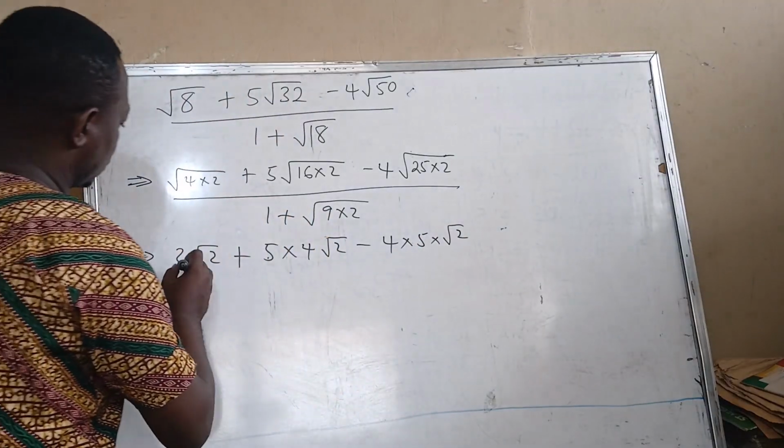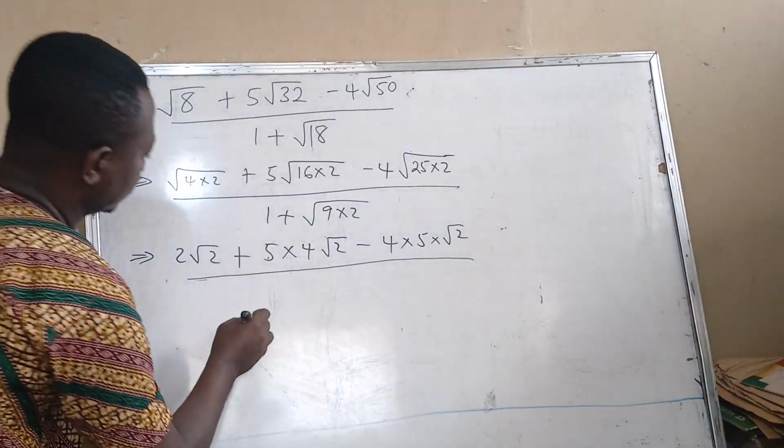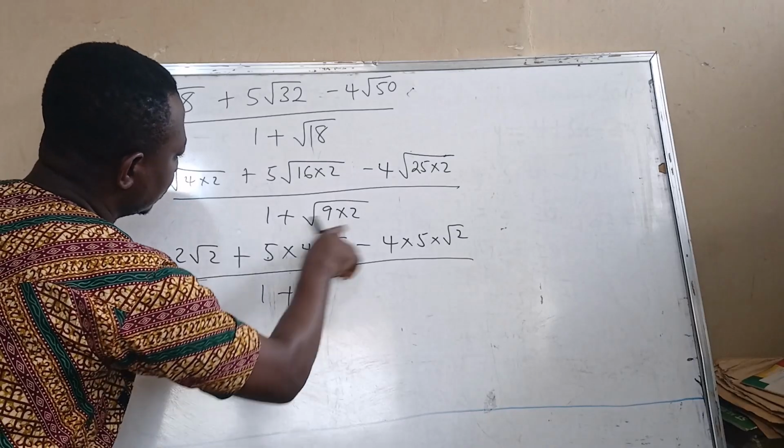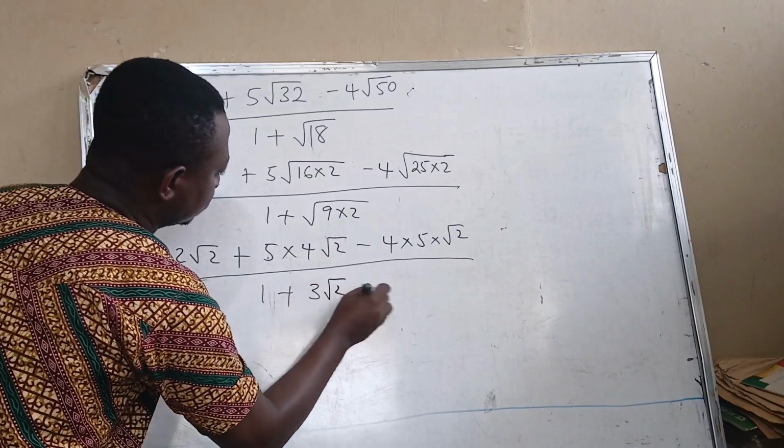And now this side will be 1 plus 3 root 2.